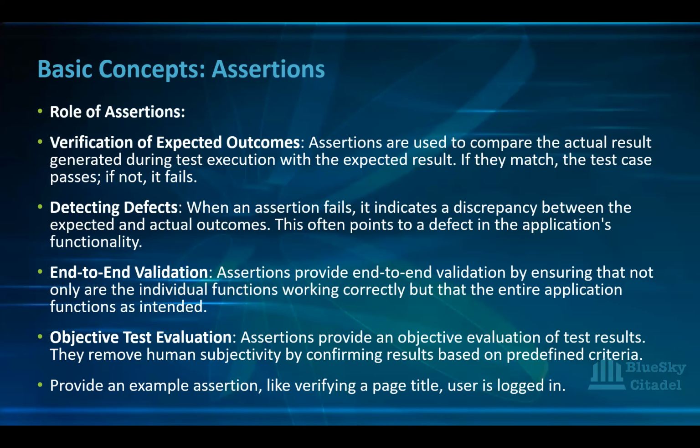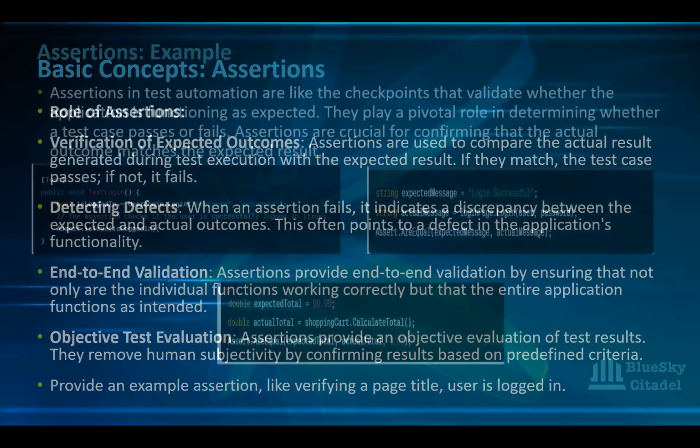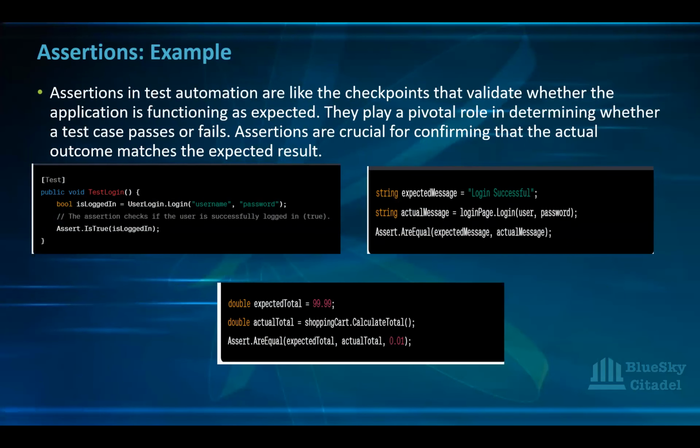The next thing I want to touch on, so that we move quickly, is to show you what an assertion looks like, just to get a bit of familiarity with it, because we are focusing on assertion. There are like checkpoints, like I said earlier, and what I've shown here are 3 different types of assertion.